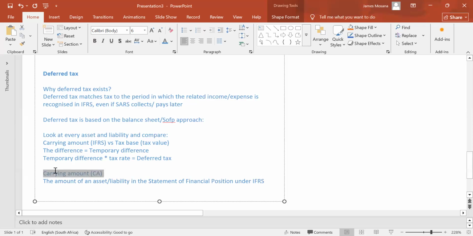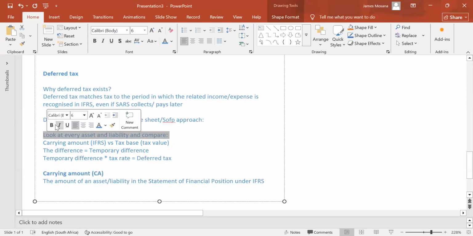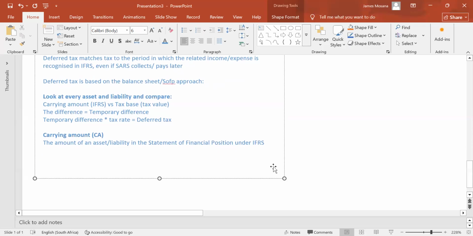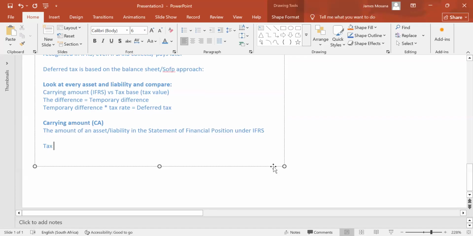So this is our carrying amount. Now, tax base.